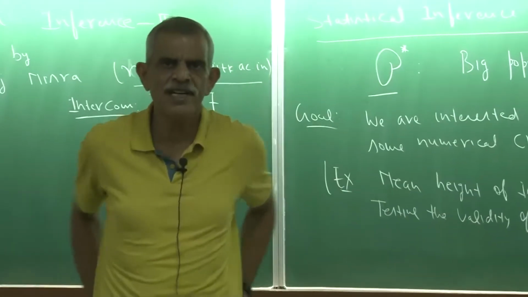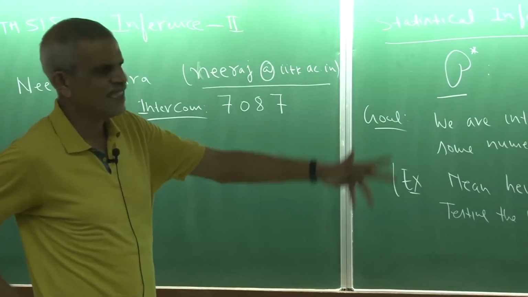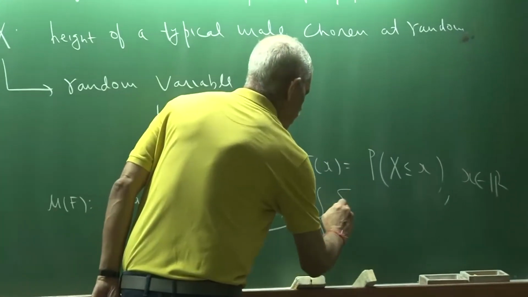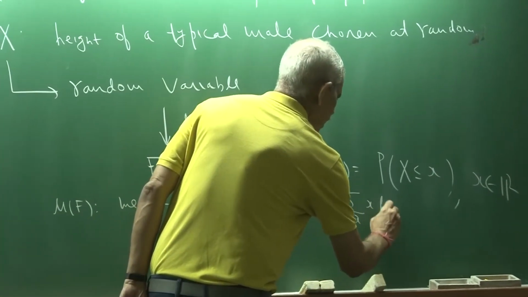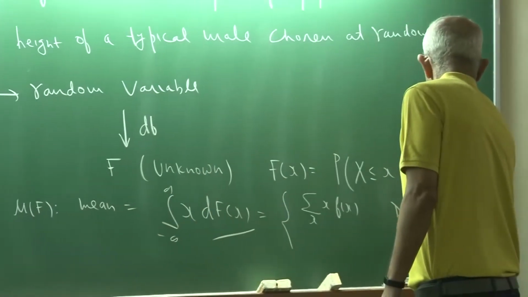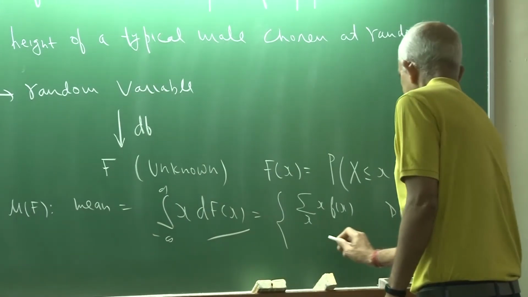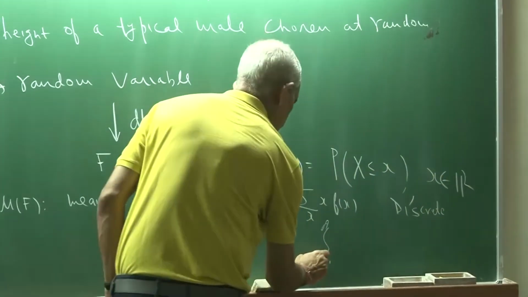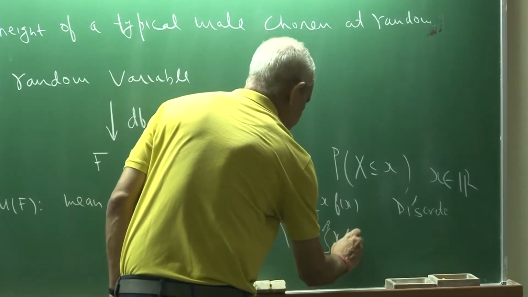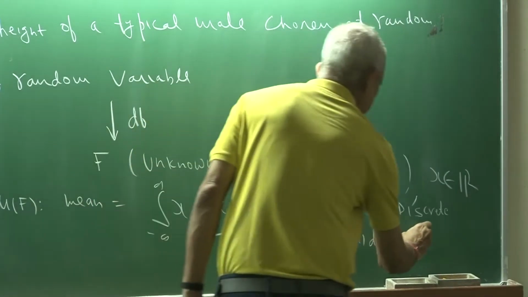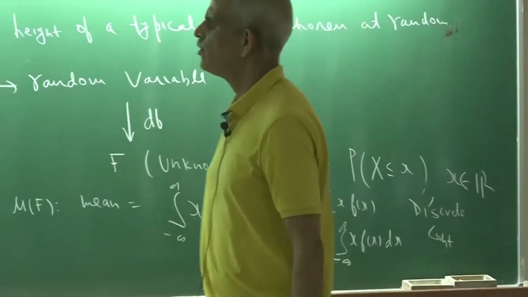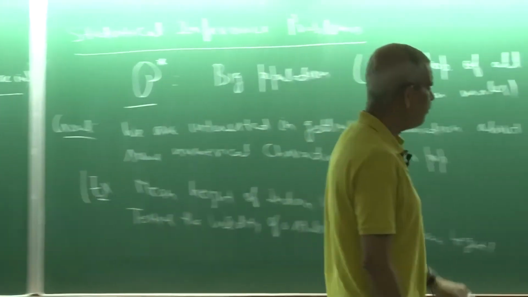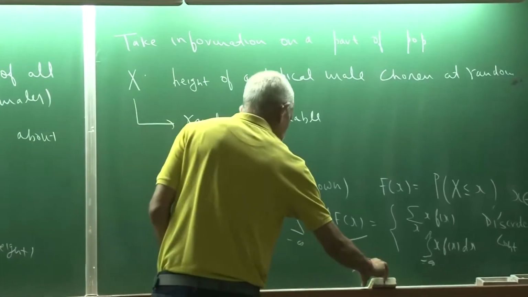Those who are not familiar with the measure theoretic notation: in the discrete case it means the summation of x times f(x), and in the continuous case, or more precisely the absolutely continuous case, it is the integral from minus infinity to infinity of x f(x) dx.